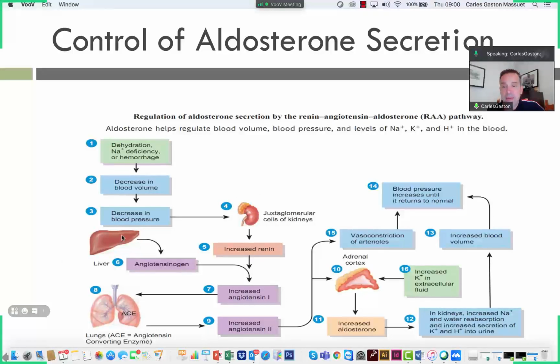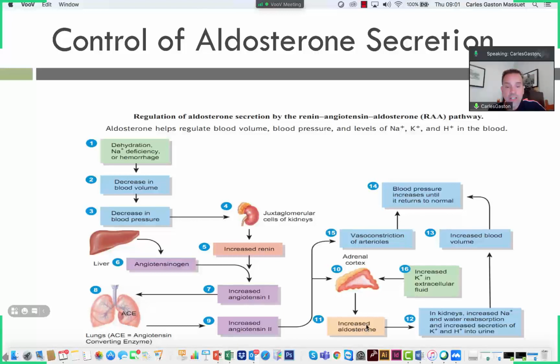At the same time, the liver produces angiotensinogen, okay? With the increase in renin, it signals to the lung and increases angiotensin 2. Then this will signal to the adrenal cortex, okay?